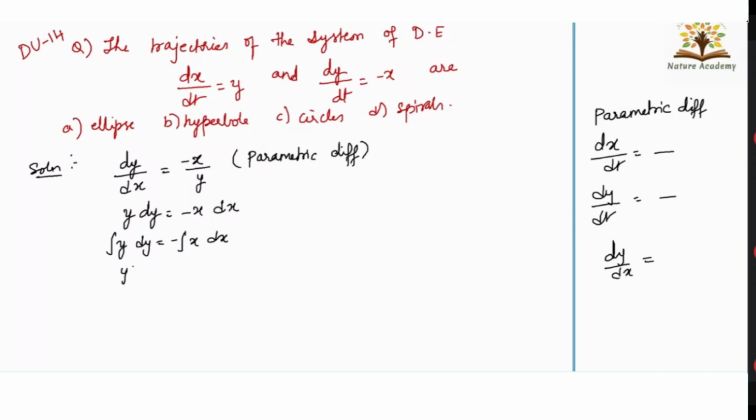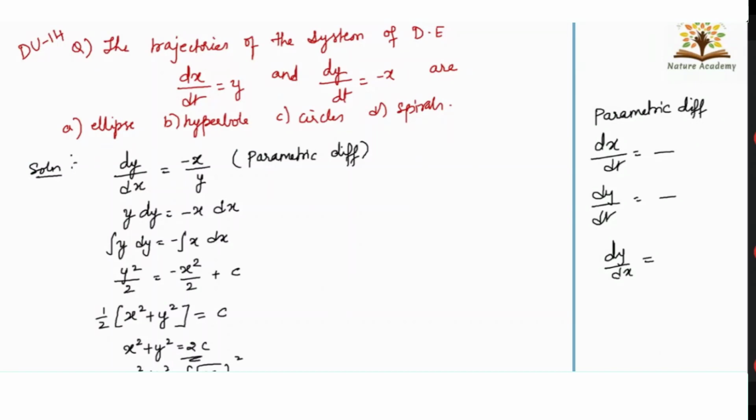It will give y square by 2 equal to minus x square by 2 plus c, or x square plus y square, taking 2 common, is equal to 2c. So this is the equation of a circle, where the radius will be root 2c, with x square plus y square equal to root 2c whole square.